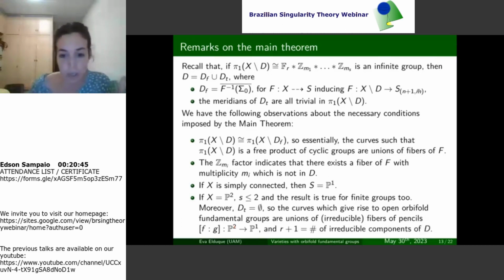And also you know what the number of irreducible components is going to be just by looking at the fundamental group that you start with. R is the rank of the free group appearing here. It's going to have R plus 1 irreducible components. So if you're hoping for a fundamental group like this in P2, all you're going to be looking at is unions of fibers of morphisms like this.